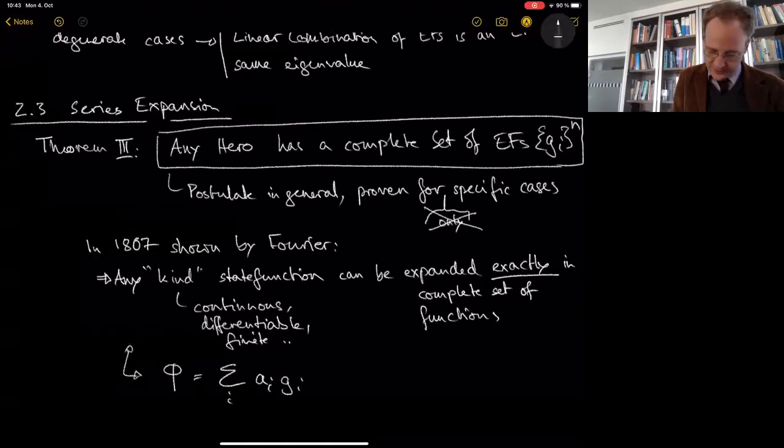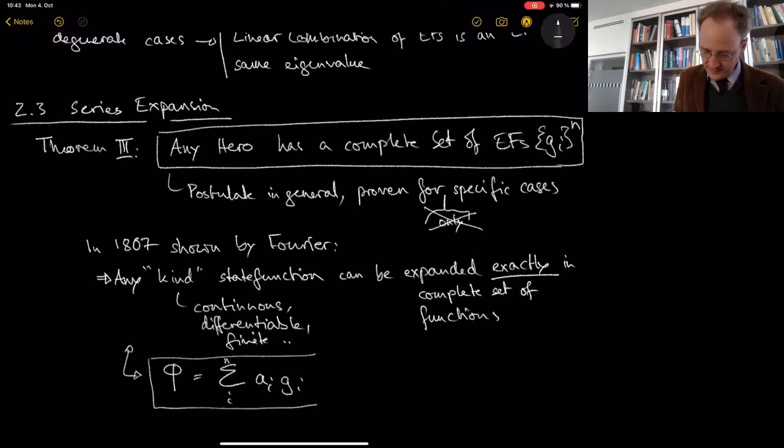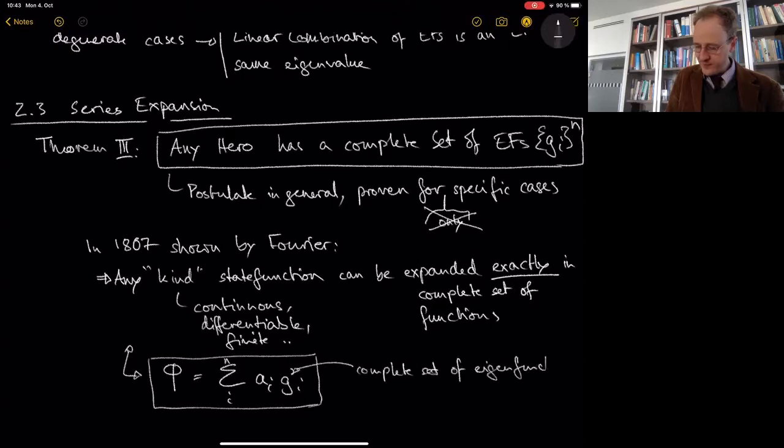So that's what Fourier showed, where this is the complete set, right? Eigenfunctions of some Hermitian operator. Yeah.